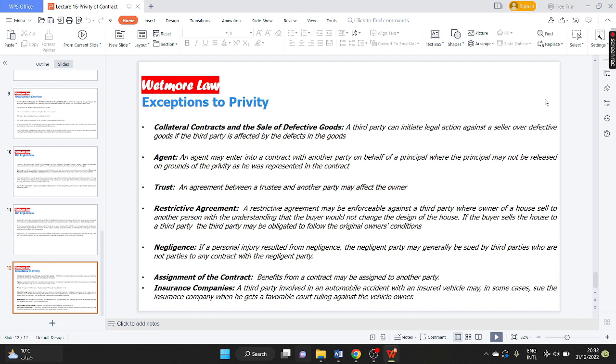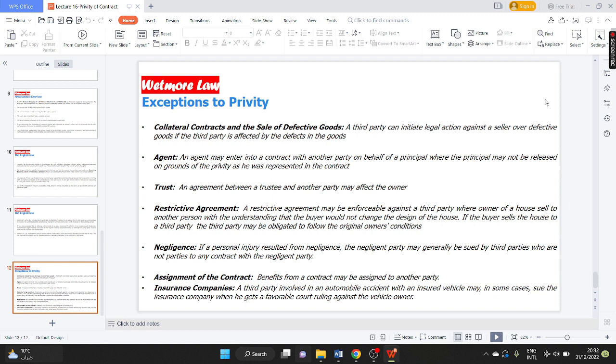Restrictive agreement. A restrictive agreement may be enforceable against a third party, where an owner of a house sells to another person with the understanding that the buyer would not change the design of the house. If the buyer sells the house to a third party, the third party may be obligated to follow the original owner's conditions. Negligence.